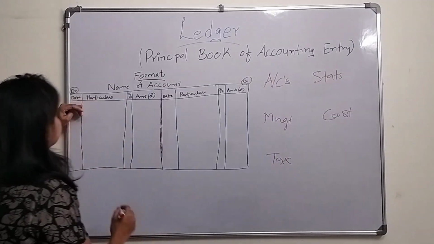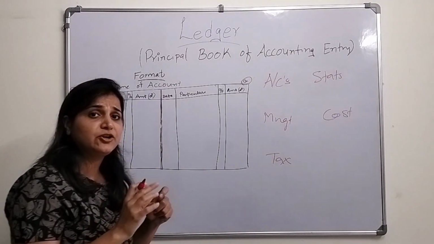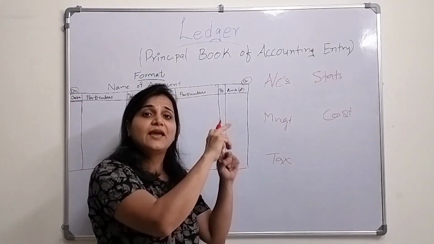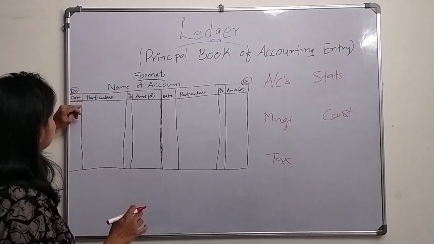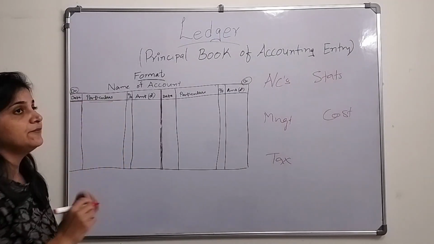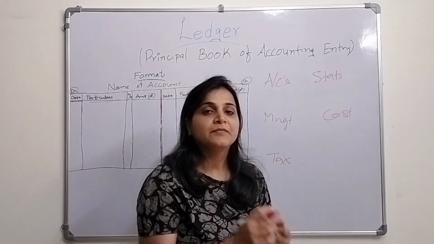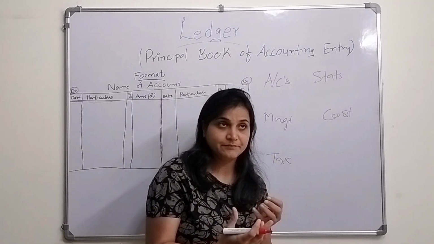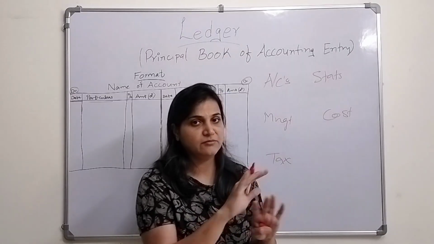Here we will write the date on which that particular transaction occurred, which we have already recorded in the journal. Let's say I supplied certain goods to my customer, Mr. Ram, and he has not given me cash.